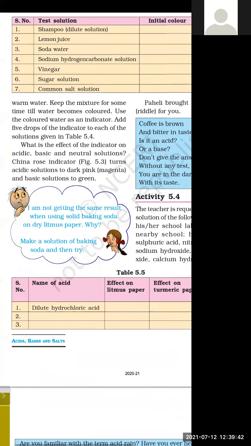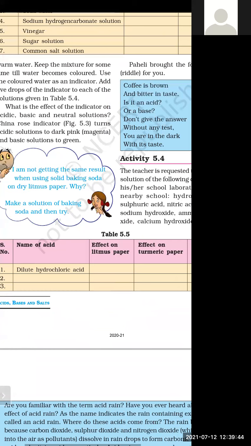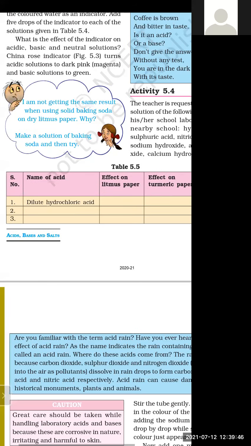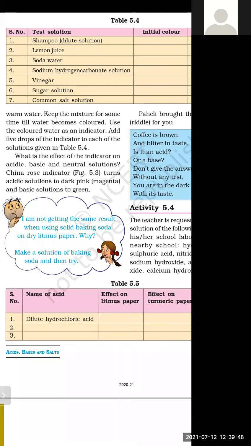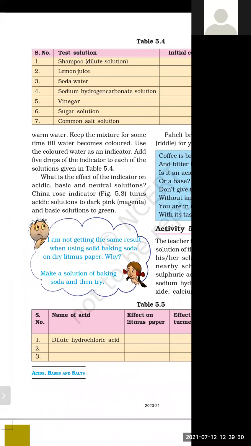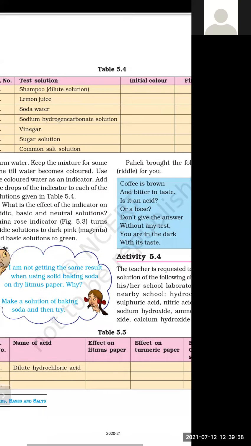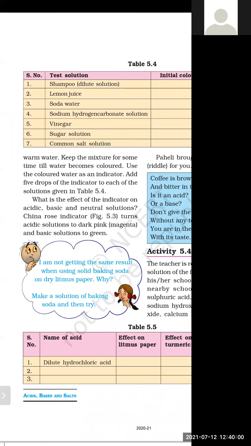Dilute means we will add some water into it. Students, don't touch the chemicals, don't touch any solution. It can be harmful for you. All the activities must be performed in the presence of the teacher.